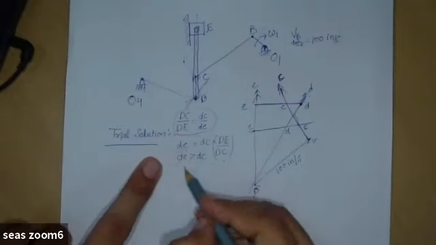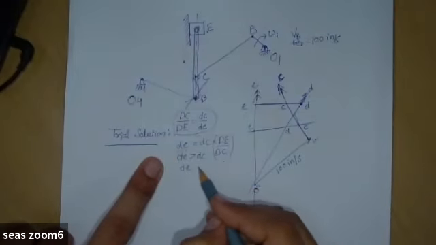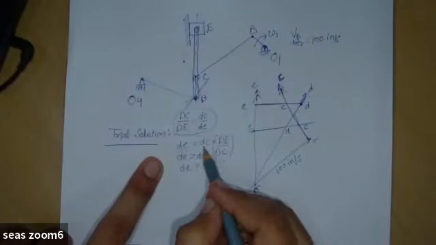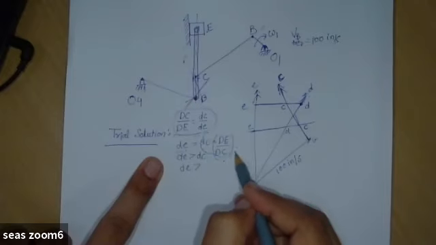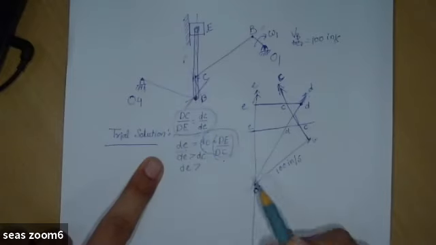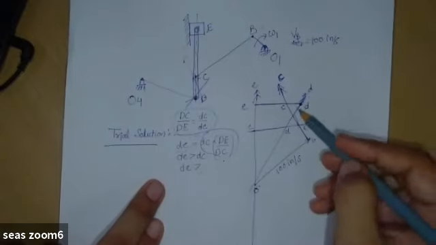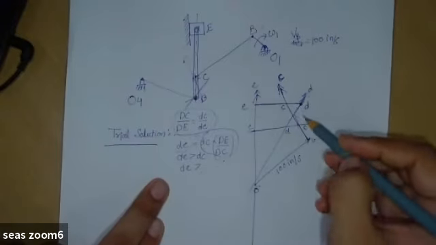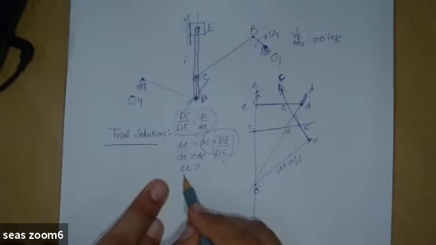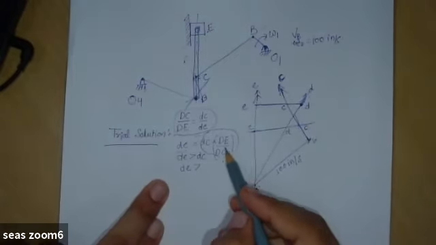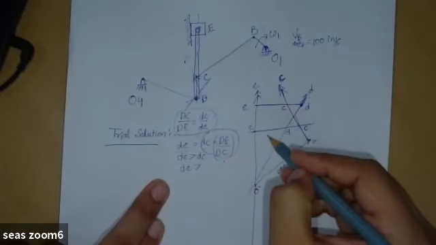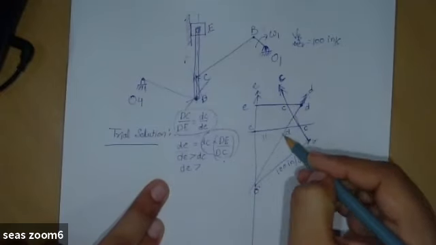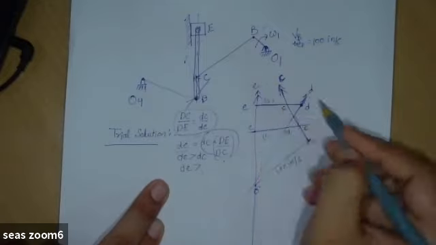If DE is greater than this part, then you should again change it. It may go upside, it may go downwards, or you can say, this was trial solution 1, this is trial solution 2.